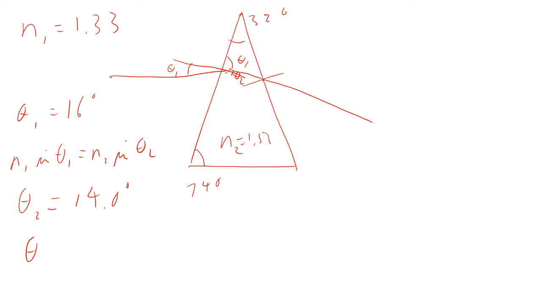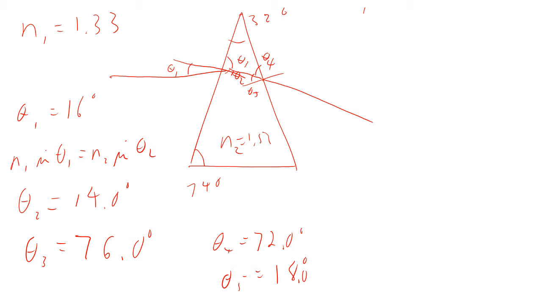So theta 3, same theta 3 that we had before, is now going to be equal to 76 degrees. So theta 4 over here is now going to be 72 degrees. So theta 5 is now going to be 18 degrees.